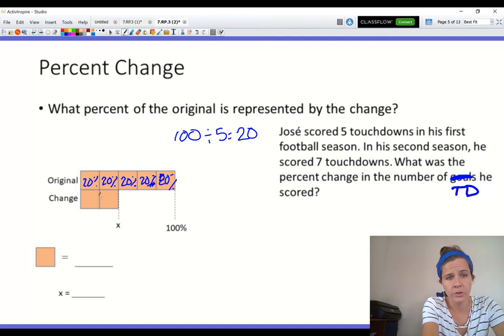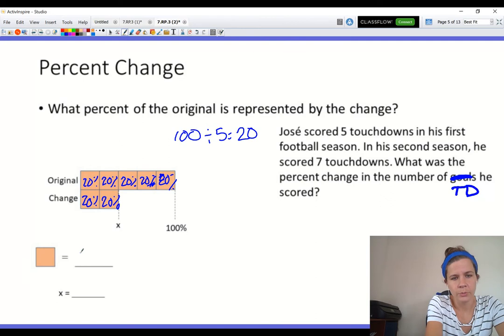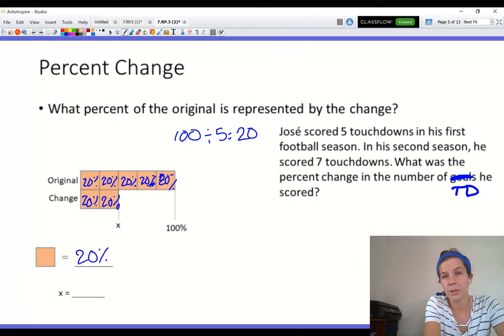Down here, they're exactly the same. There's 20% here and 20% here. Each block represents 20%. It also represents 1 touchdown, but I'm more concerned about the percents right now. And so X sits right here at 20 plus 20. It sits right here at 40%.